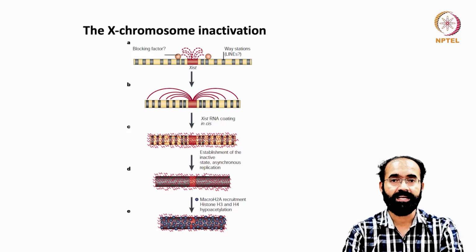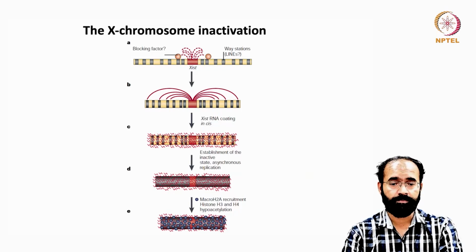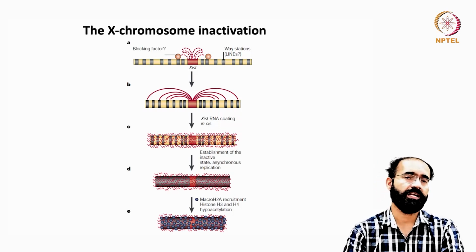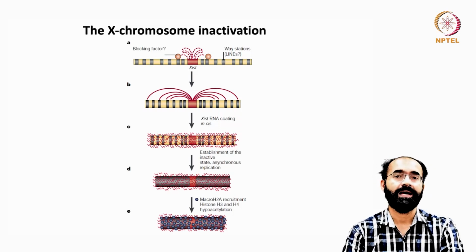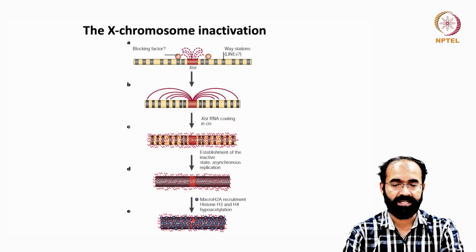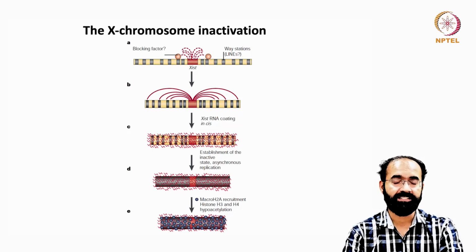So this spreads from a nucleation point right from here, and it is also helped by certain repeat elements such as LINEs, long interspersed nuclear elements, and SINEs, short interspersed nuclear elements. They are genome repeats, and they can contribute as stations for spreading this inactivation.